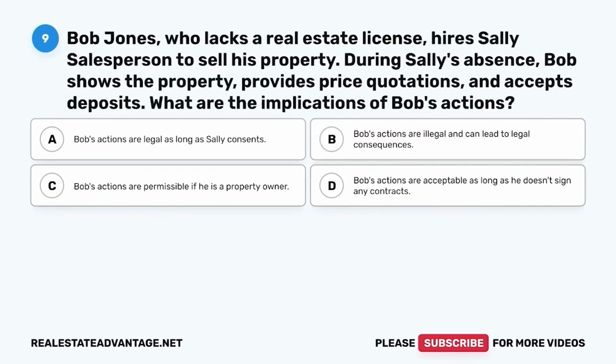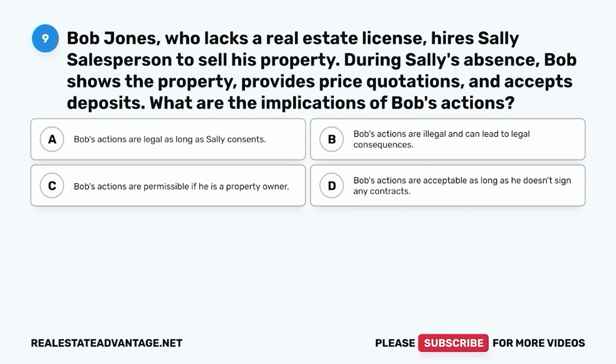Question 9. Bob Jones, who lacks a real estate license, hires Sally's salesperson to sell his property. During Sally's absence, Bob shows the property, provides price quotations, and accepts deposits. What are the implications of Bob's actions? A. Bob's actions are legal as long as Sally consents. B. Bob's actions are illegal and can lead to legal consequences.